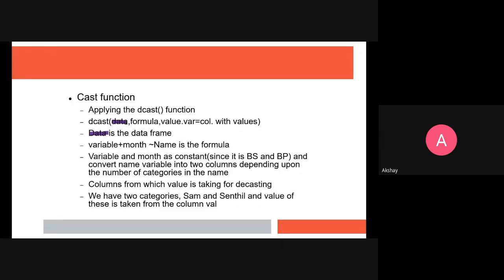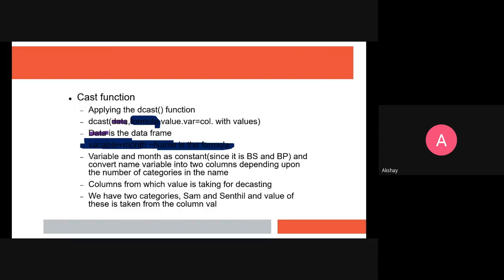So formula. What is the formula here? The formula here is we are applying variable plus month and name as the formula.